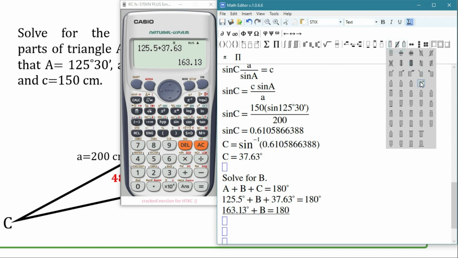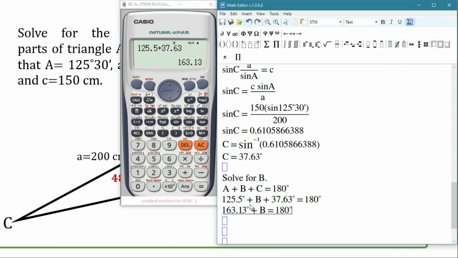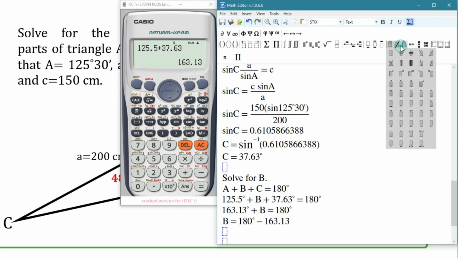And for us to get the value of B, what we're going to do is to transpose, or using the addition property of equality, we have to add negative 163.13 degrees to both sides of the equation, or simply transposing 163.13 degrees to the other side, making this B equals 180 degrees minus 163.13 degrees.